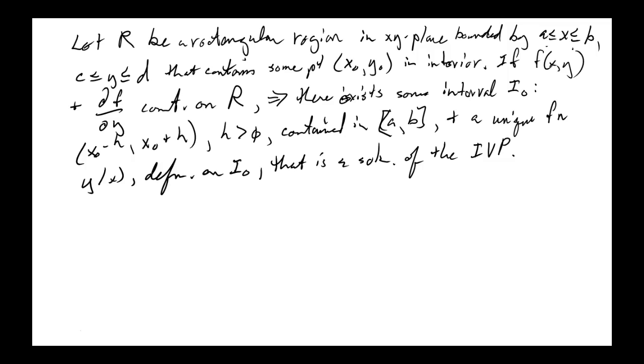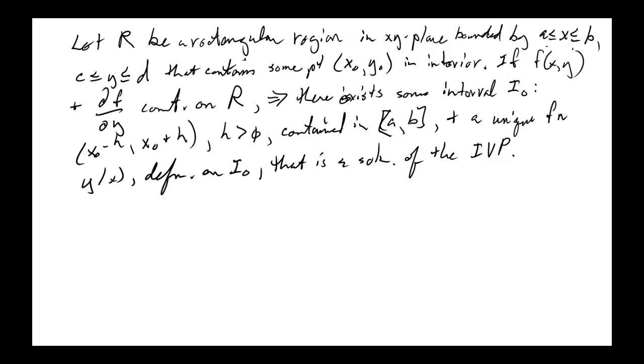We have some rectangular region between x and y, okay, on the xy plane. That's between a and b for x and c and d for y. Contains some point x0, y0, which happens to be our initial condition point, okay? In the interior, not on the boundary, but in the interior.